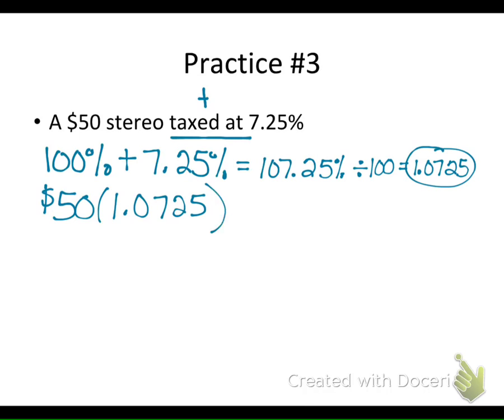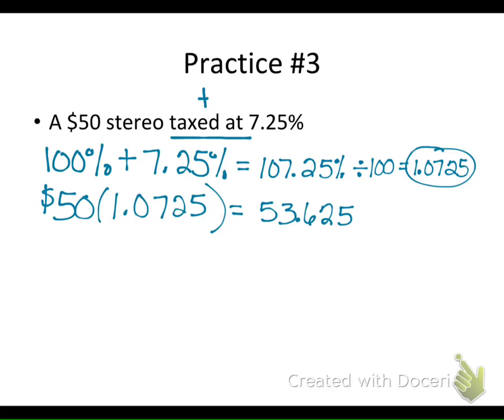Now you're probably going to get a long number in your calculator when you do this. Okay, no, you don't divide, you multiply it, because multiplier. So when you type that into your calculator, you're going to get 53.625.